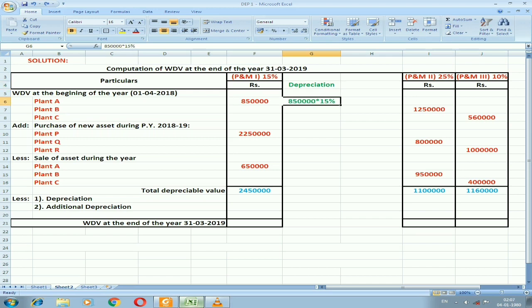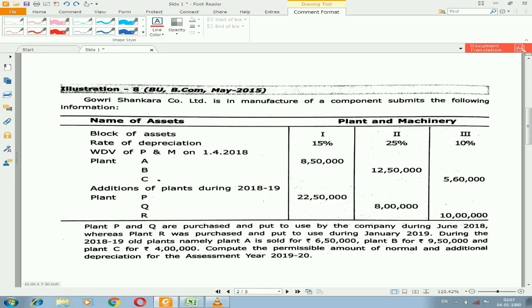For the opening asset, opening plant A, I have calculated depreciation at the 15% which is mentioned in the question. I'll get an amount of 1,27,500. Next, I need to calculate for purchase. Remember, while calculating depreciation for purchases or any additions, you need to check the date. Here, plant P was purchased during the year 2018, from June 2018 up to 31/3/2019, that is the closing year.